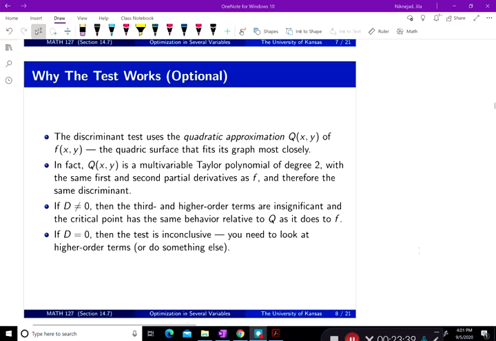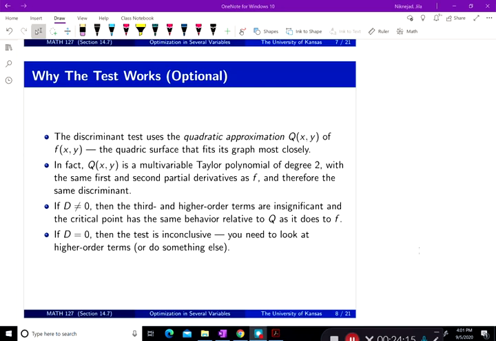So the last thing in this video, before we start the examples, is why the test works, which is optional. Again, we described that there are 3 options you get when the discriminant is not 0. Those 3 options are 3 types of local quadratic approximation, and that comes from the multivariable Taylor polynomial of degree 2. That's why it's a second derivative test, multivariable of degree 2.